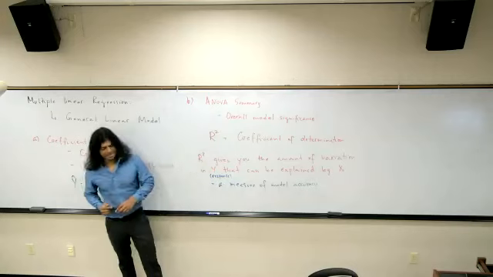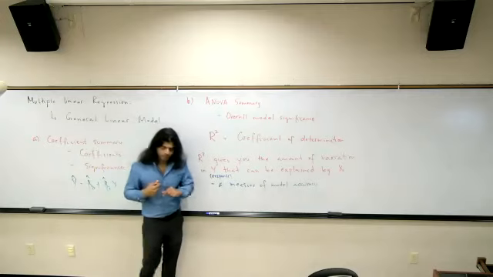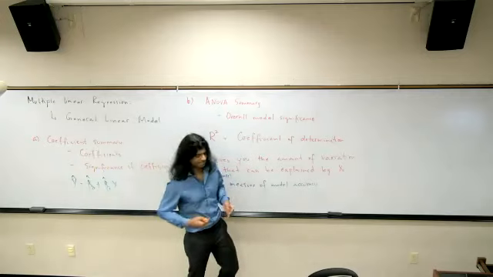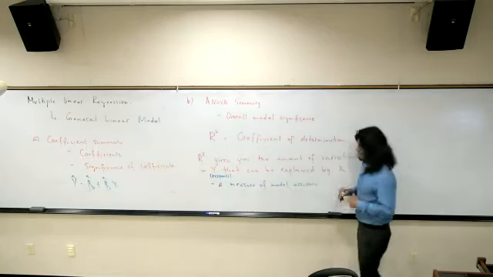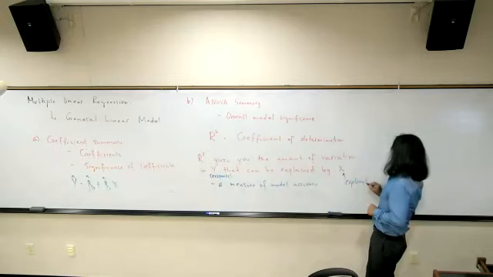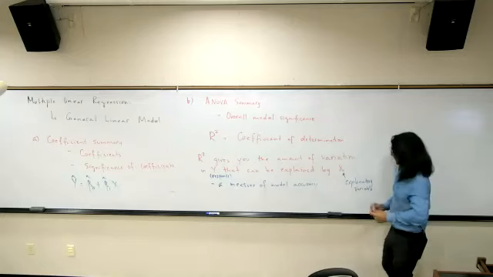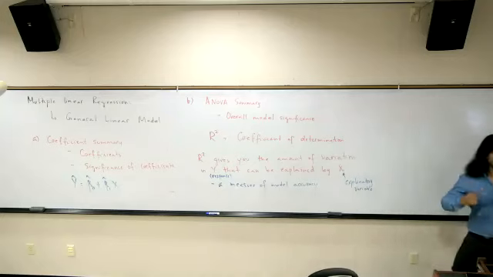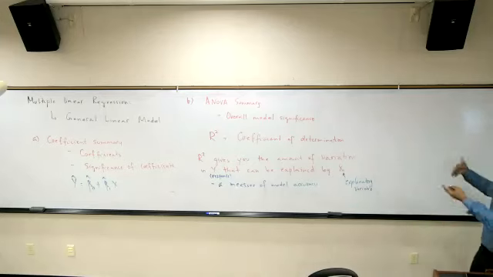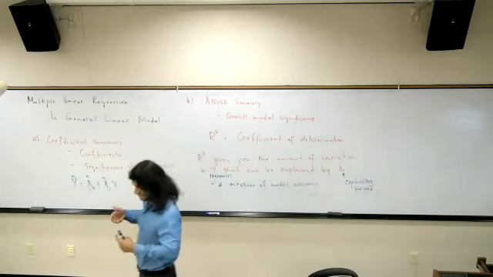If you read that statement, the amount of variation in the response that can be explained by X. We can call X the explanatory variable because X is going to explain what is happening in Y in terms of the variability that we see in Y.